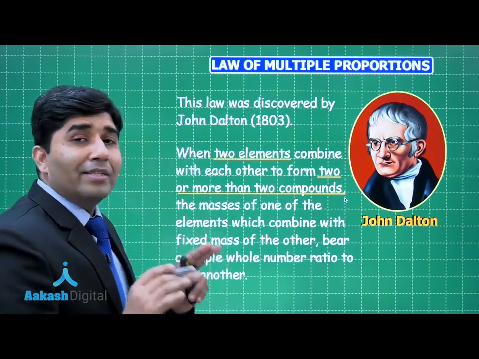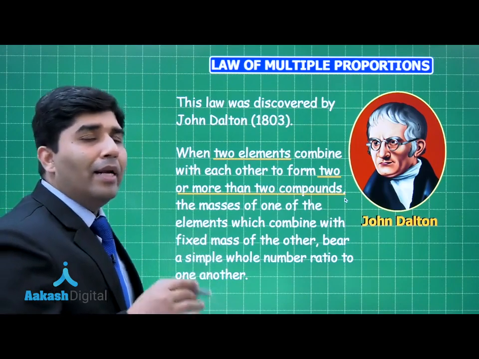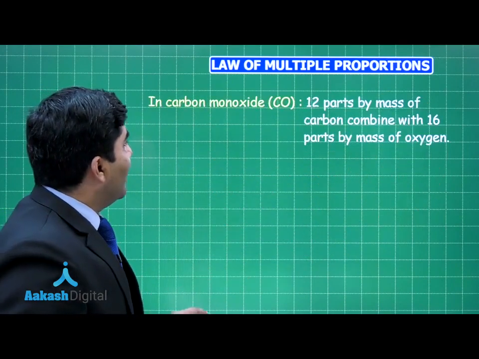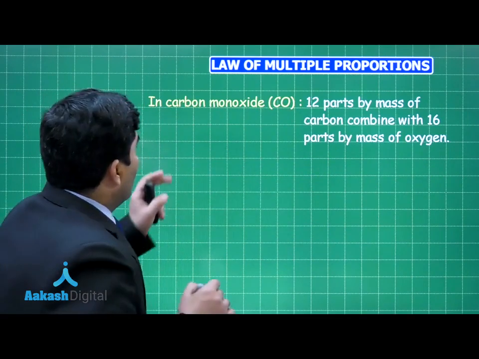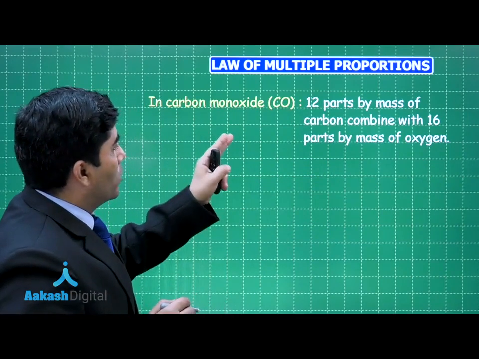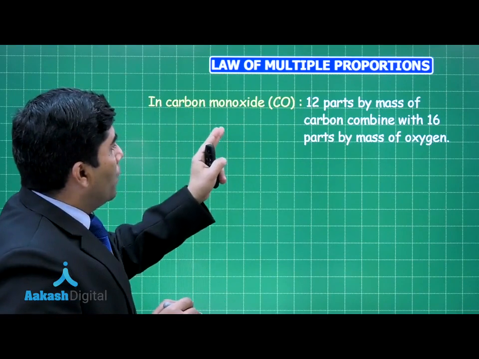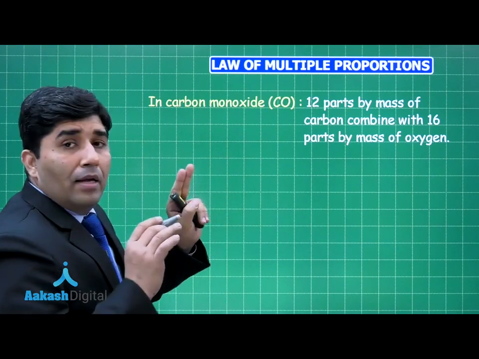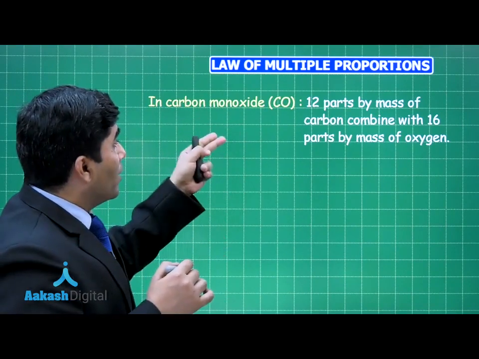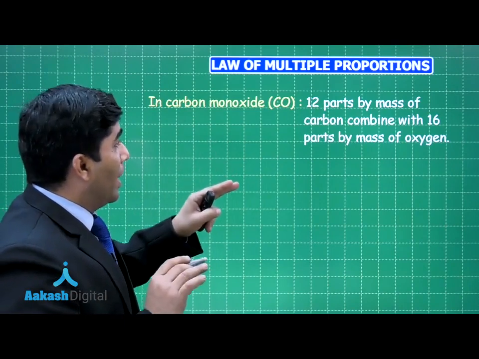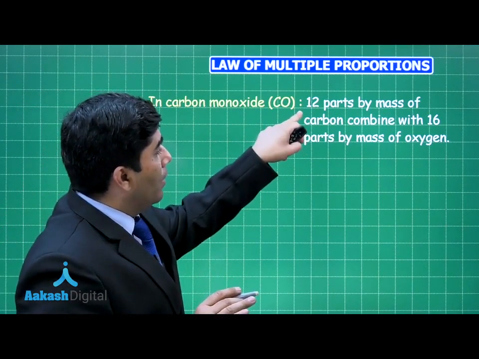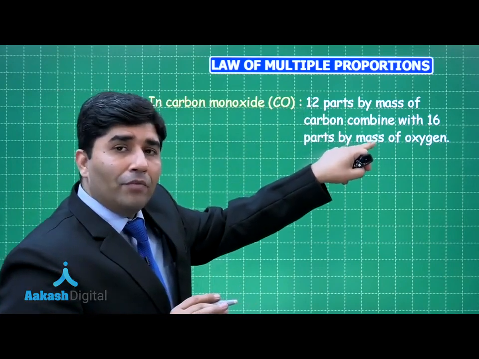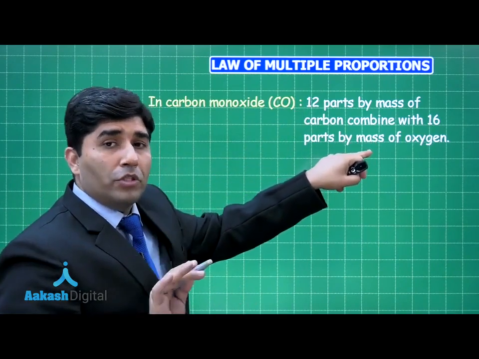Now, what does it actually mean? Let me explain to you. Let's take an example. First we are taking carbon monoxide. Let's say the weight of the carbon monoxide is 28 gram. Then 12 gram of carbon will definitely combine with 16 gram of oxygen.